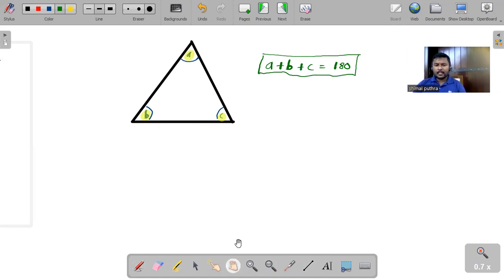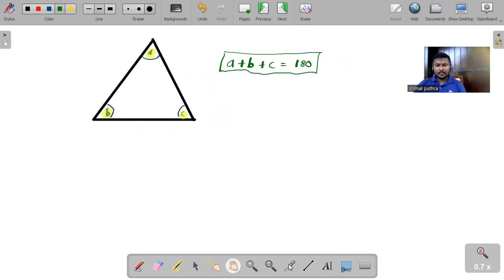This is just a triangle. If we consider a polygon with 4 sides, this polygon has 3 sides and this polygon has 4 sides.